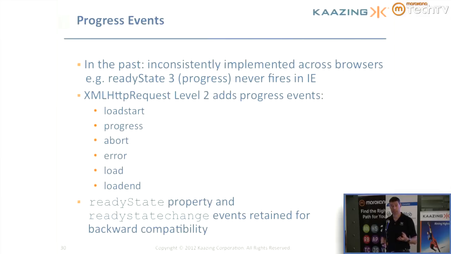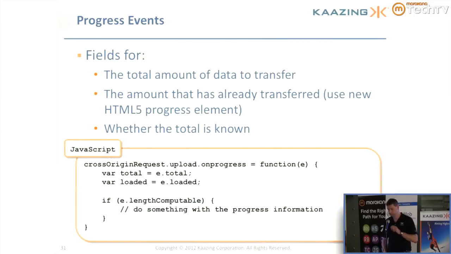So now there are these named progress events that are supported by the different browsers that support the standard, and you can build very nice progress bars. There's even a new HTML progress element that ties in nicely with this standard. The ready state and ready state change, in typical HTML5 style, are retained for backward compatibility.